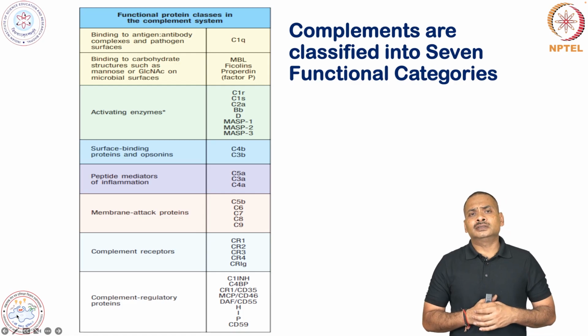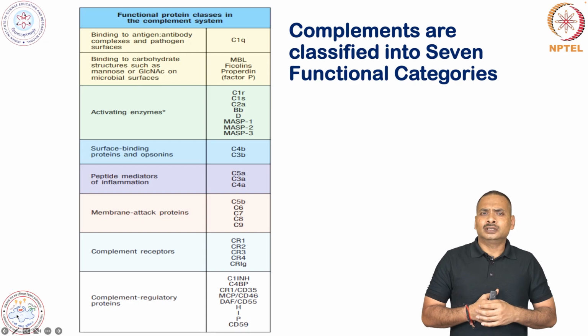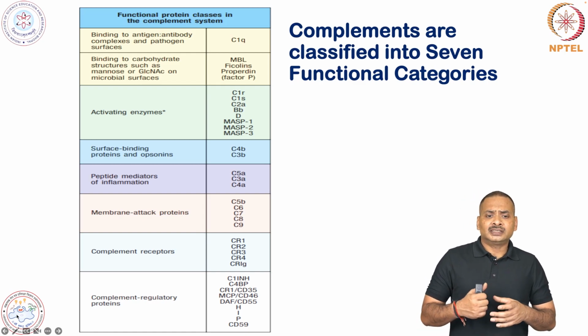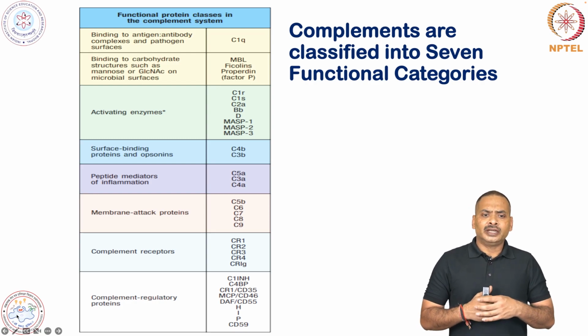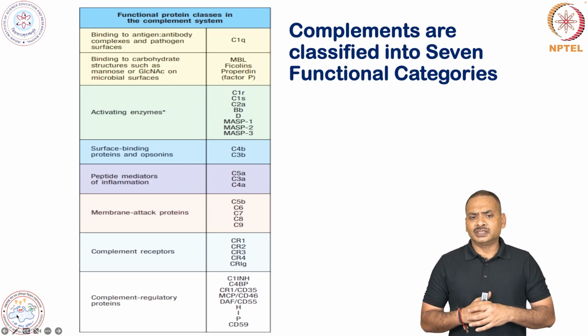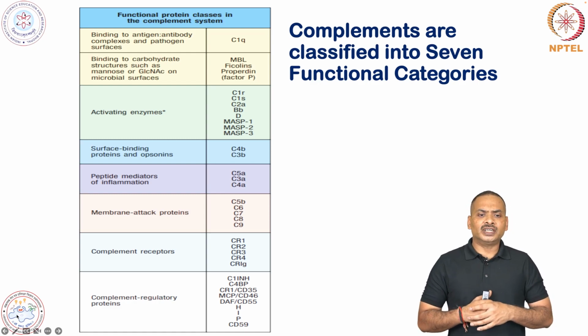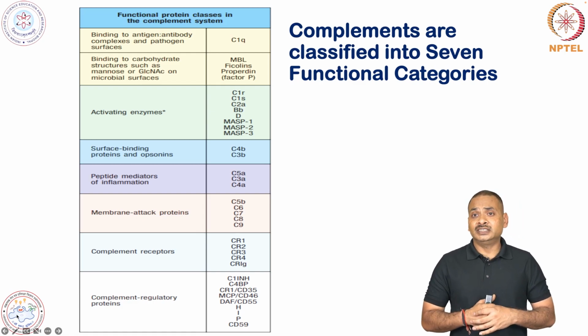There are regulator proteins in this whole complement pathway. We call them complement regulatory proteins, that is C1 INH, C4BP and CR1, or its alternative name CD35, MCP or CD46, DAF or CD55, factor H, factor I, factor P and CD59.